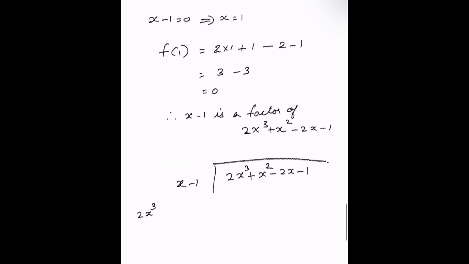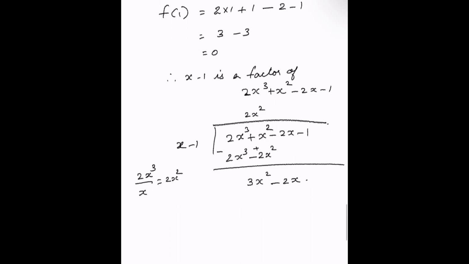So 2x cube by x will give me 2x square. 2x square into x is 2x cube minus 2x square. Subtract. I'm getting 3x square minus 2x.